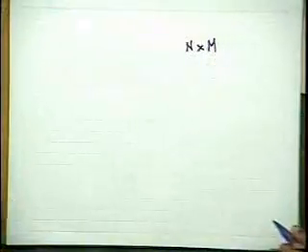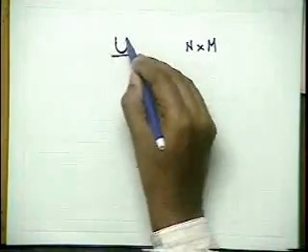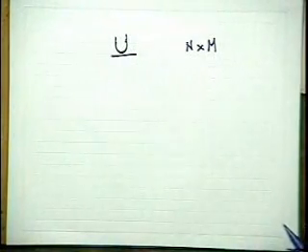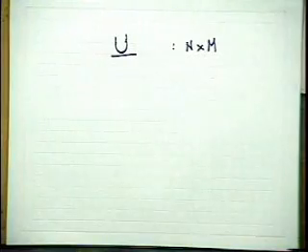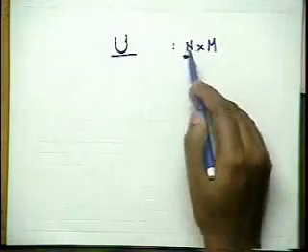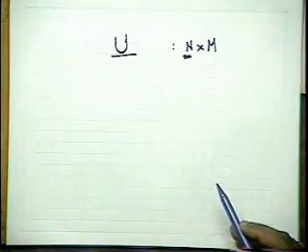Let us consider an image U like this. We consider an image U, which is a two-dimensional matrix of size n by m, so n rows and m columns.